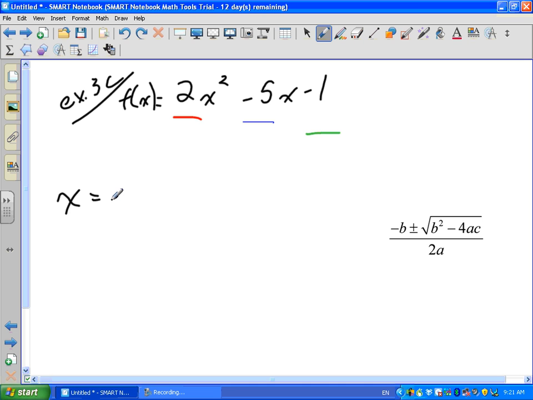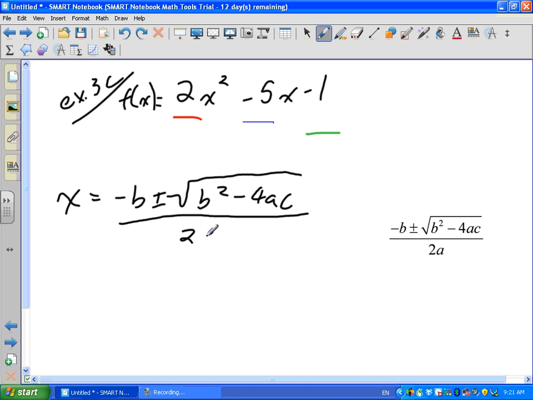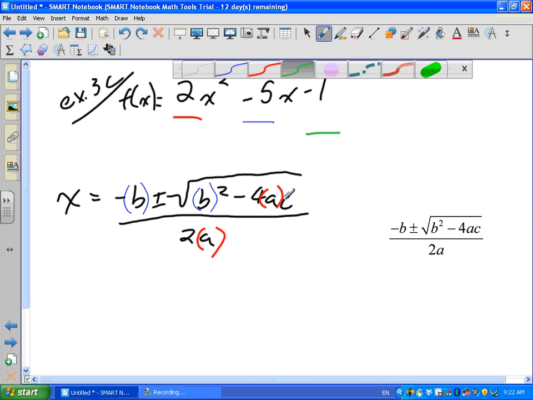That's why we use this formula. x is equal to negative b plus or minus the square root of b squared minus 4ac, all above 2a. Here are our a's, so we'll be substituting positive 2 for those. Our b's, we'll be substituting negative 5. And our c, we'll be substituting negative 1.